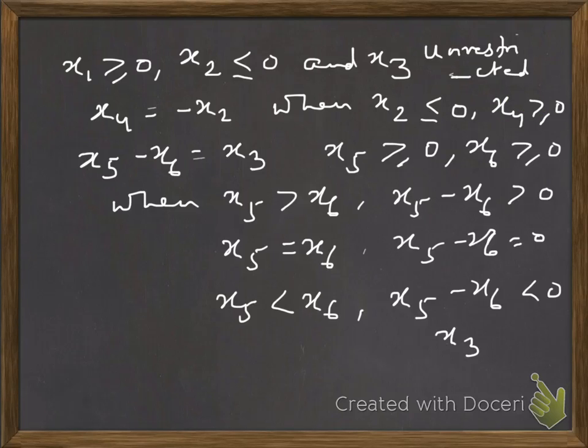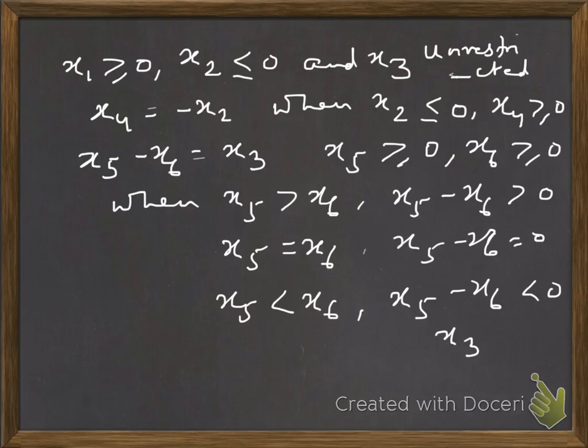All these possibilities are being taken care of, that is, x3 unrestricted. This condition can be satisfied by substituting x5 minus x6 equal to x3, and this takes care of all the possibilities of x3 greater than 0, less than 0 and equal to 0.